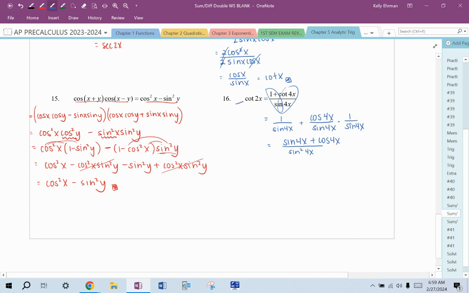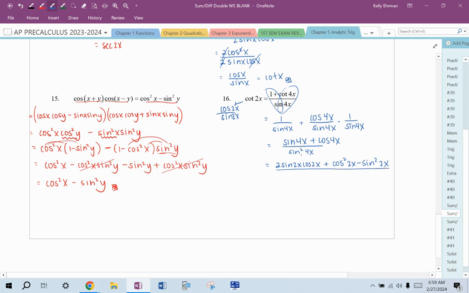Now, what are we trying to get to? Cotangent of 2x, which means we're only trying to get to cosine of 2x over sine of 2x. So let's write these formulas out. Sine of 4x, again, remember it's 2 sine of 2x cosine of 2x plus cosine of 4x is going to be cosine squared 2x minus sine squared 2x.